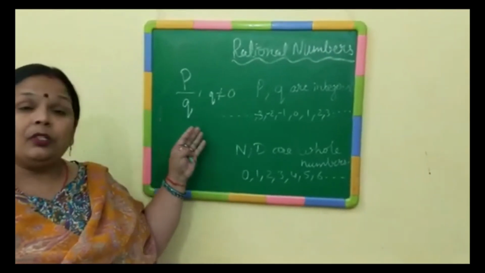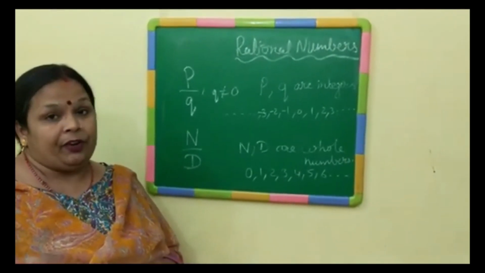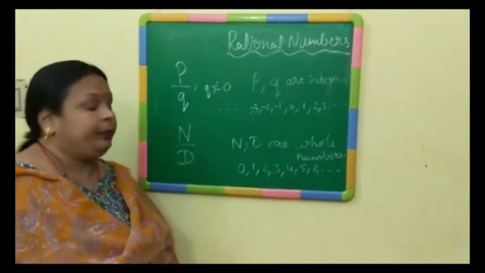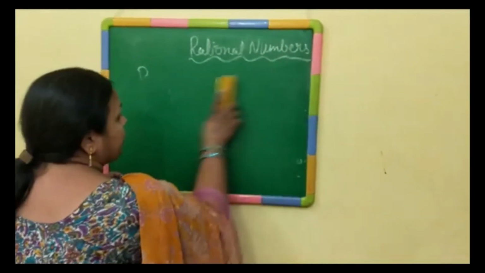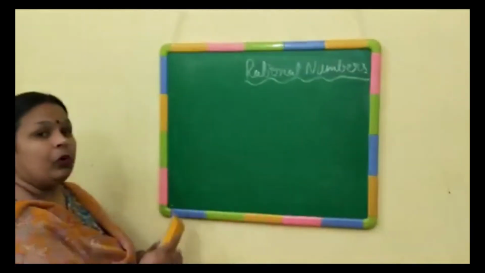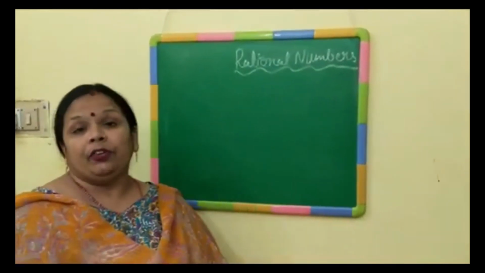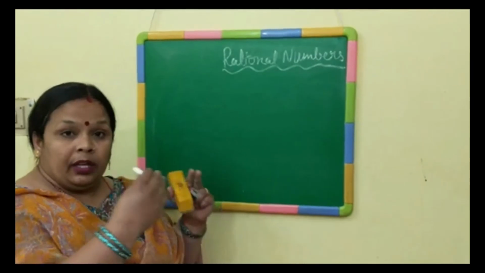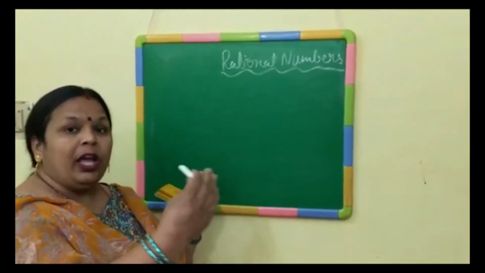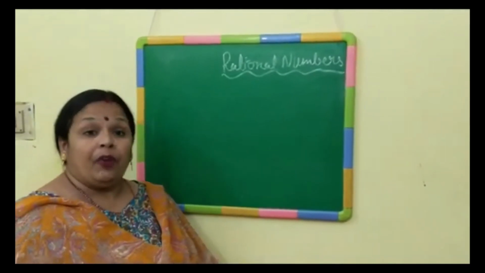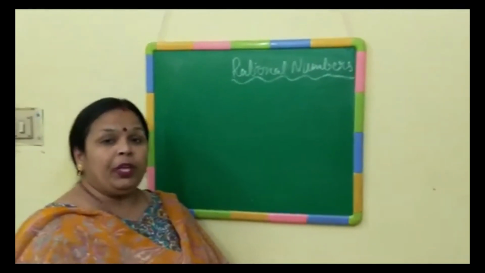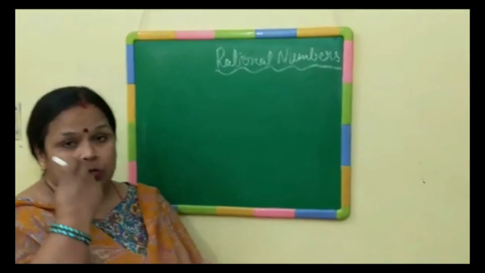This chapter is for 8th standard rational numbers. So we are clear with the definition. Integers are negative numbers, 0 and all positive numbers together, and a rational number is in the form p by q, where q is not equal to 0.